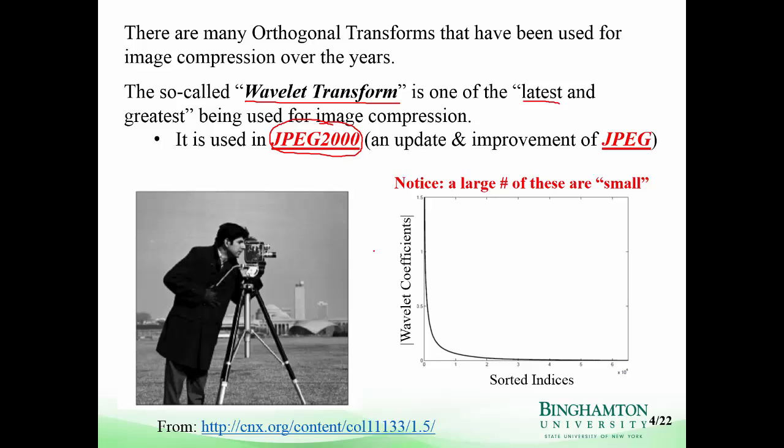So here's an example. Here's a classic image that people often use in the image processing and image compression field, and I'm noting down here the website from where I got both the image as well as this plot. Without going into the details yet as to what the wavelet transform is, imagine that we apply this magic wavelet transform to this image in some appropriate way, as we said, kind of breaking the image up into vectors and applying these matrices.